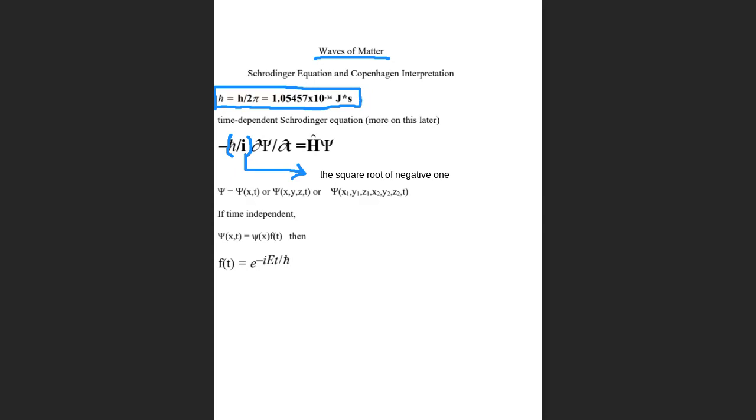Except note, in this equation there is a term that talks about how the wave function changes with time.